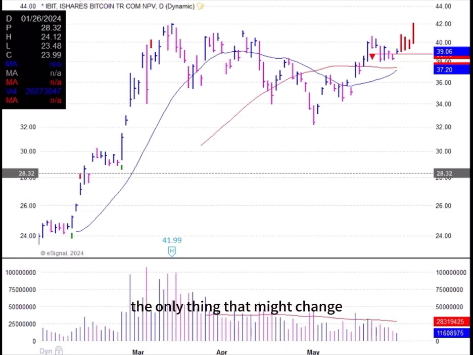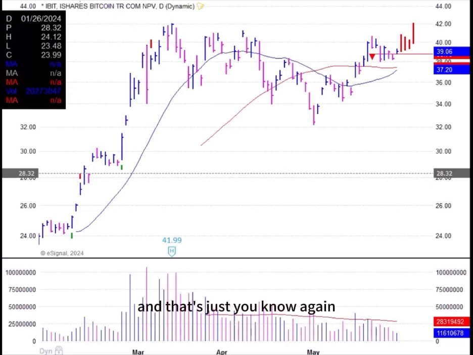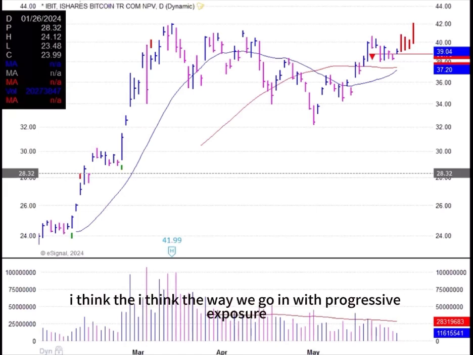The only thing that might change is, like I said, when we're first getting into the market and we don't have any profits, we may be tighter on the stops. On open positions, we give the maximum stop. We may cut maybe half quicker, or use a little bit tighter stop, but the buys are going to be pretty much exactly the same.